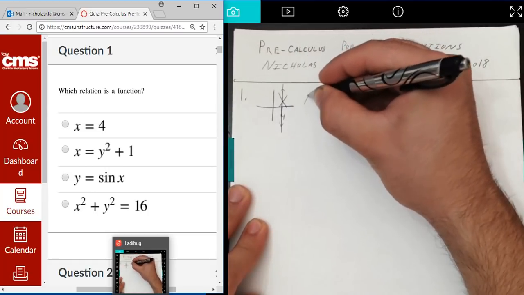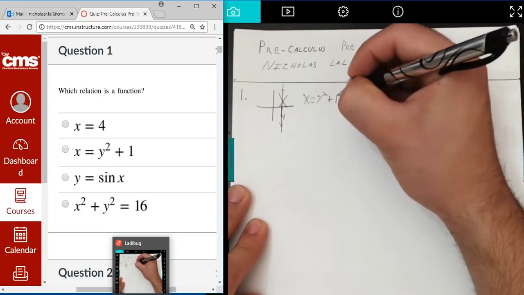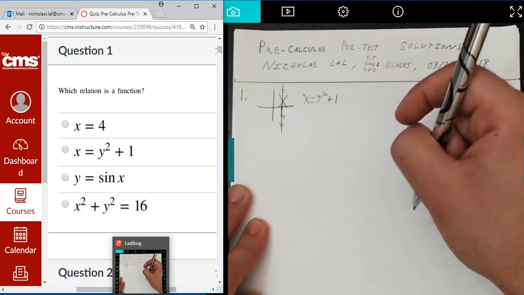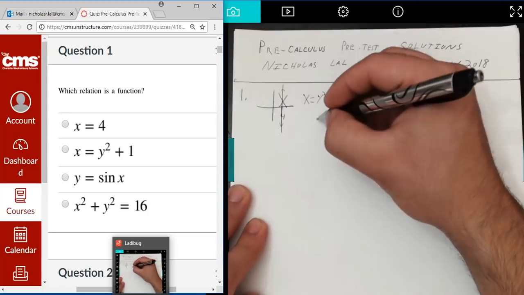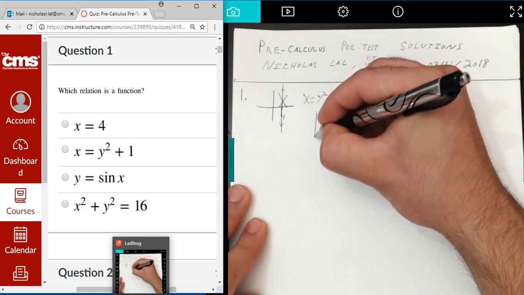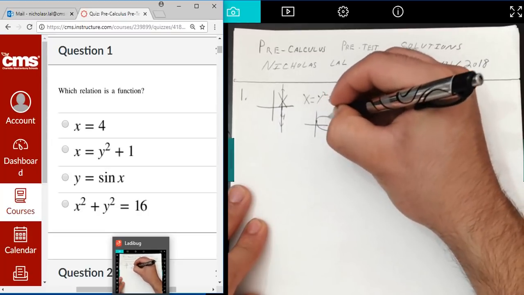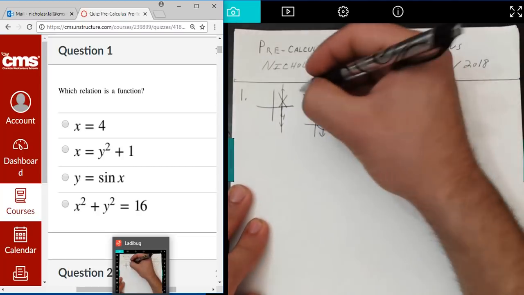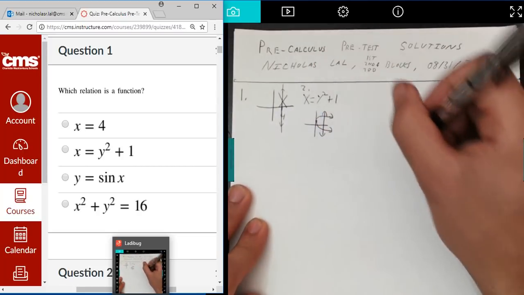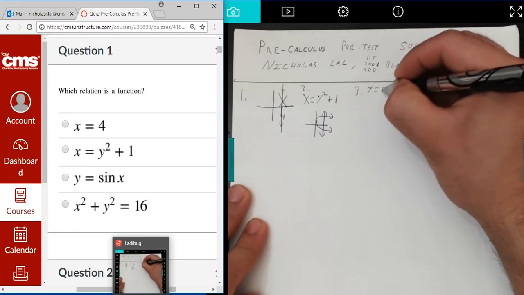When x is equal to y squared plus 1, that's going to be a horizontal parabola, so that's going to look something like that. So that also fails the vertical line test.